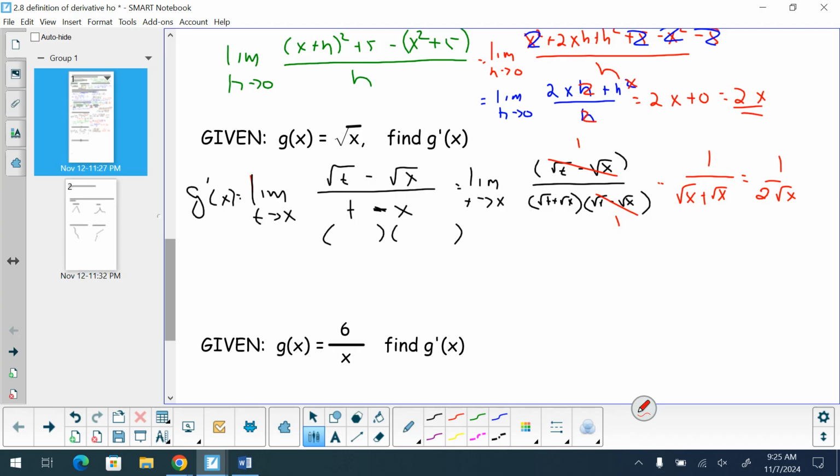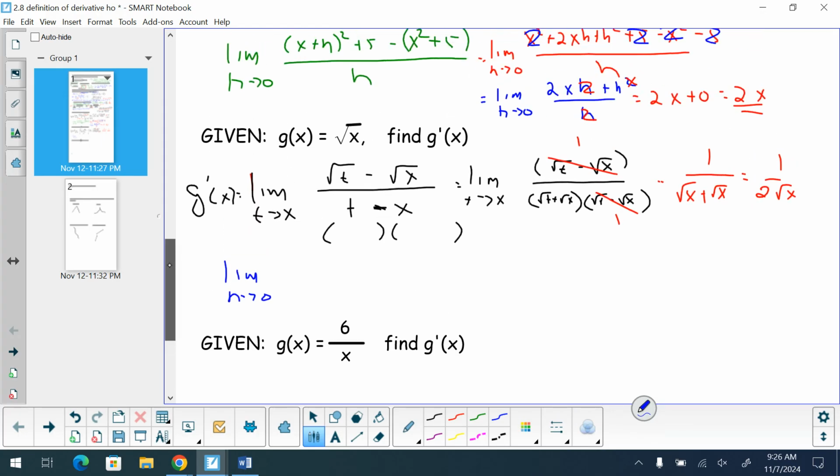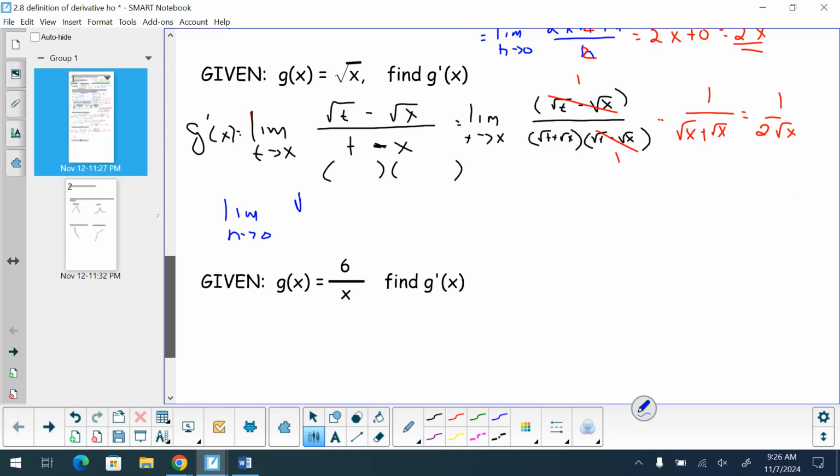Now, if you use the other method, limit as h approaches 0, we have f of x plus h, so we have square root of x plus h minus square root of x all over h.